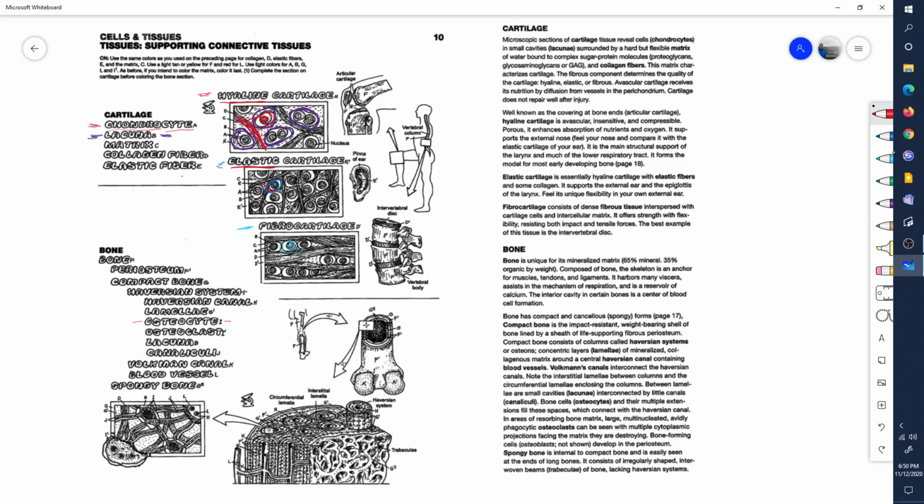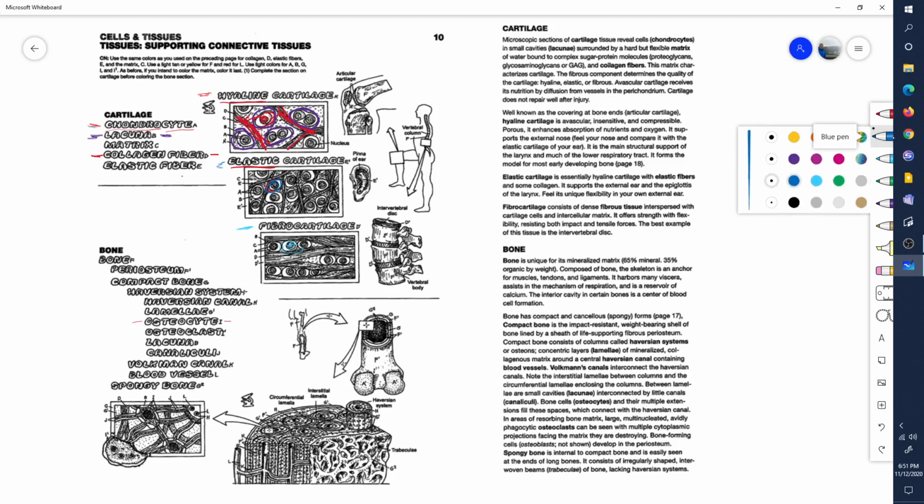Well, they're being made by these chondrocytes, and they make this fiber and lay it down. So this is the collagen fiber here, and they're running through here. Notice the difference in the type and amount of cartilage. The second type of cartilage is elastic cartilage.